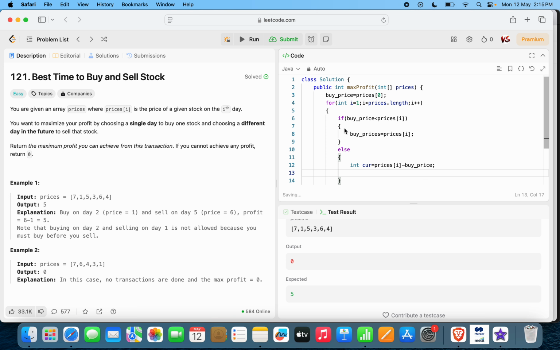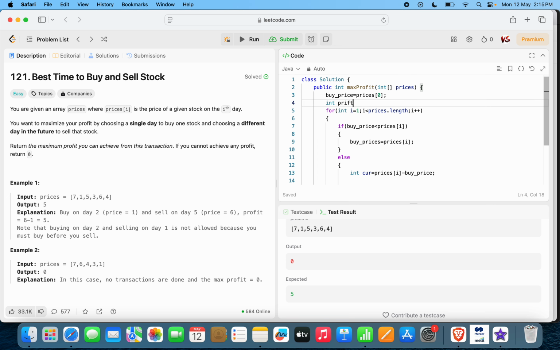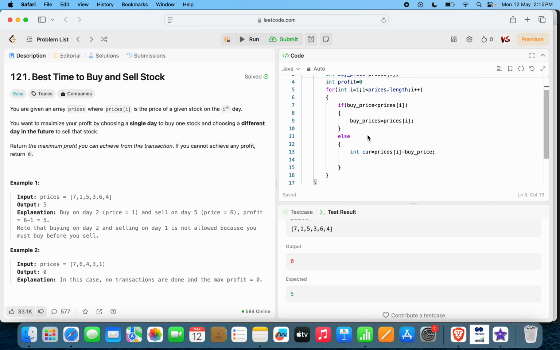Then I will take another variable to find the maximum profit.